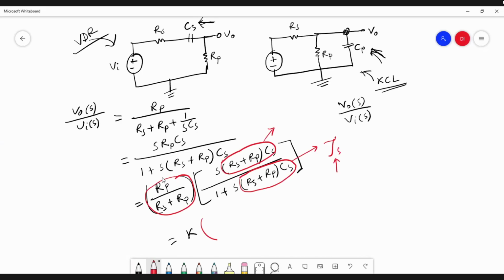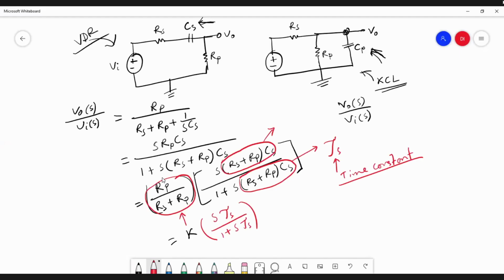It is called tau s, a time constant. So this is the time constant and this is simply a constant, so we can write K into s tau s divided by 1 plus s tau s. Okay.